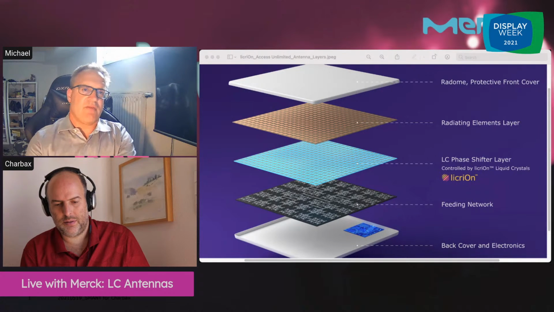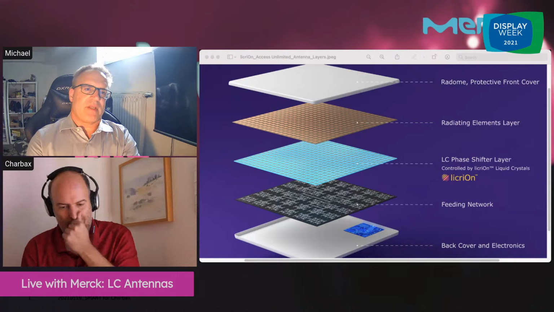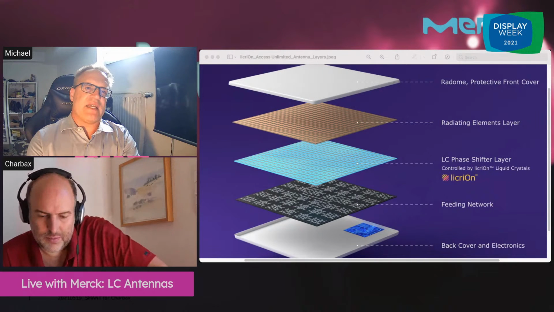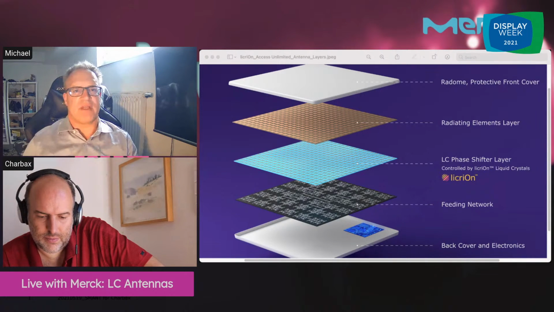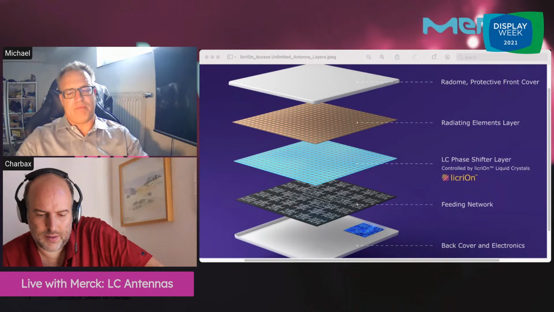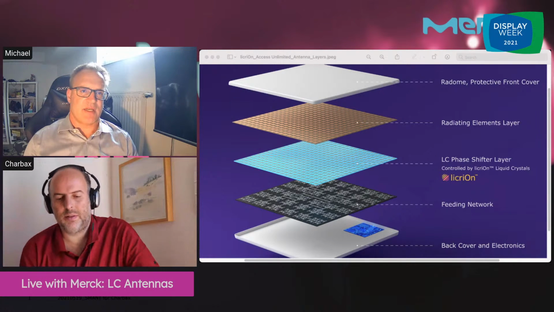But you can have different shapes. Also, technically, we've shown that with displays you can also bend those things, but I think that's more in the future, to go for more bended or conformal types of antennas.